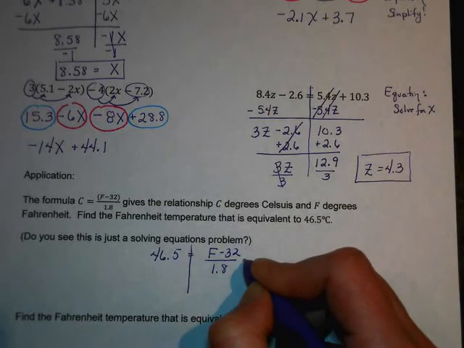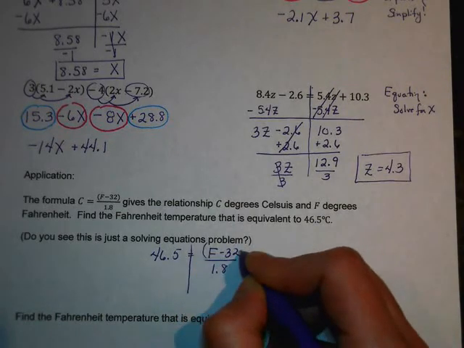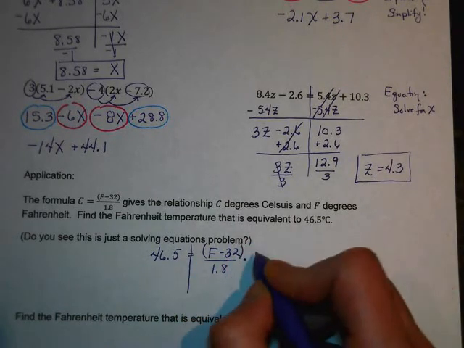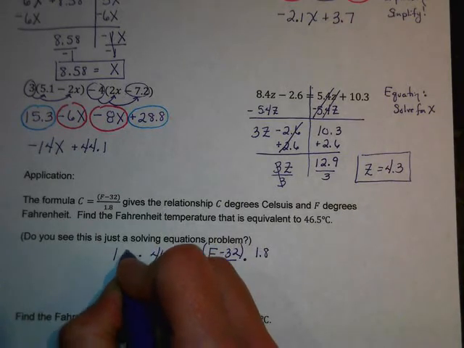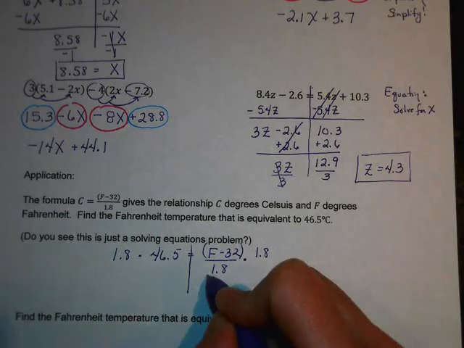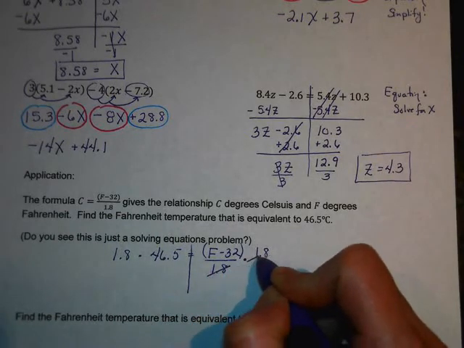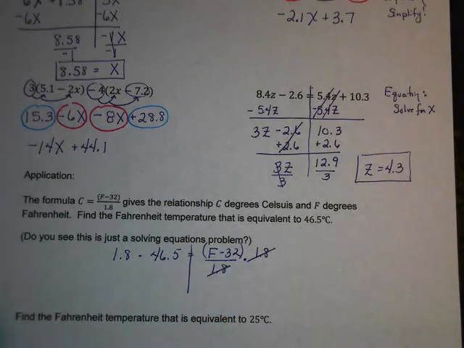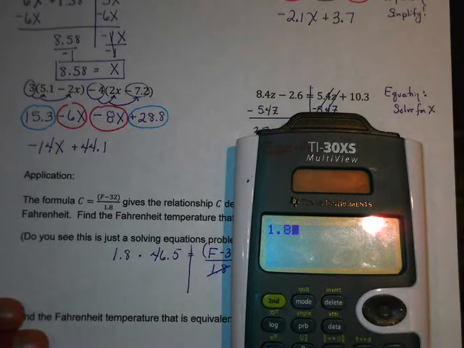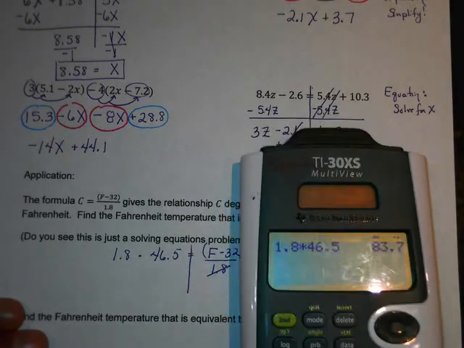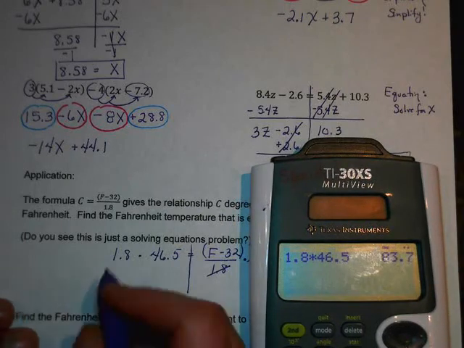To undo division, we're going to multiply, there was a parenthesis there, we're going to multiply by 1.8 on both sides, right? So the multiplication and the division will undo each other. And then on the left-hand side, go ahead and plunk that into your calculator. Did you guys get 83.7?